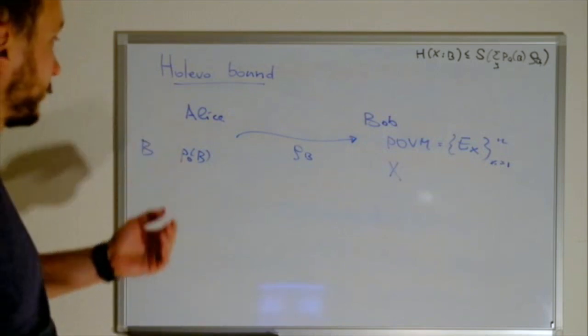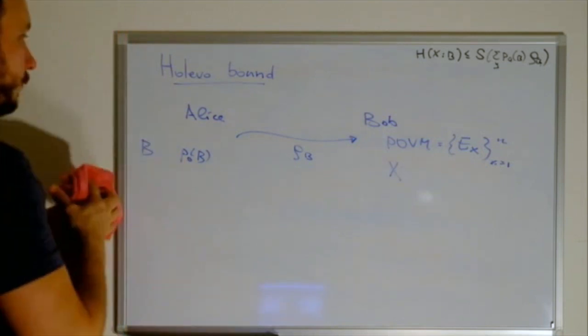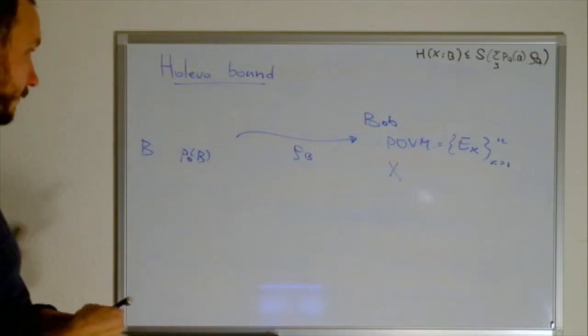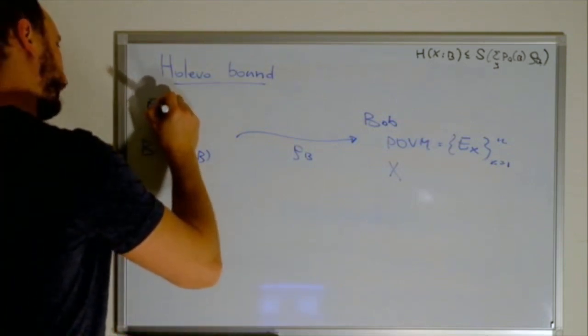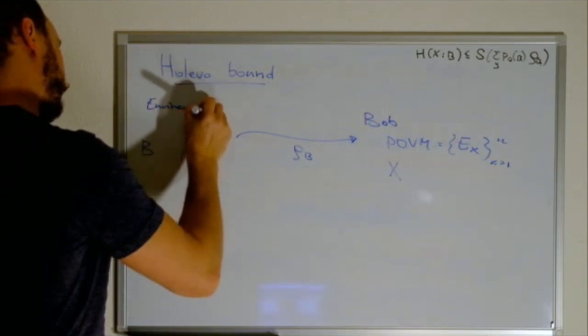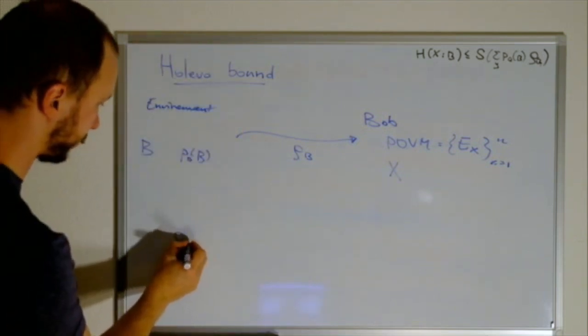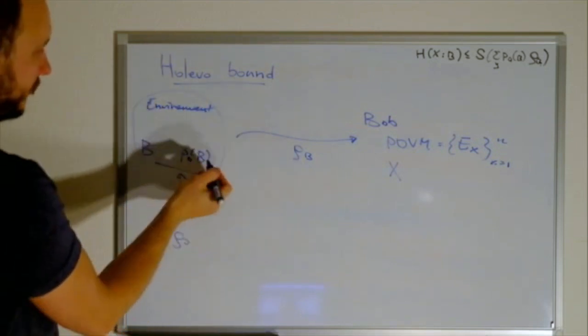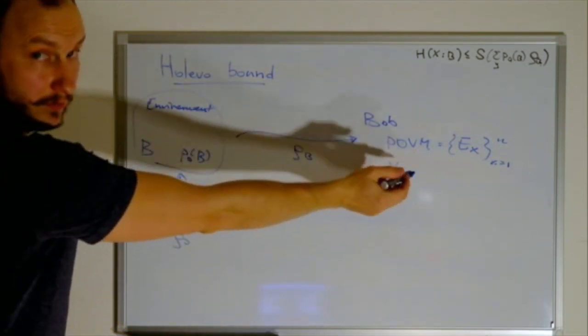So it's actually the same scenario, just that instead of Alice, we replace her by the environment. The role of Alice will be played by the environment. We put our initial state receiver here, it interacts with the environment, and then the environment does this encoding, and then we measure out the value of the parameter.